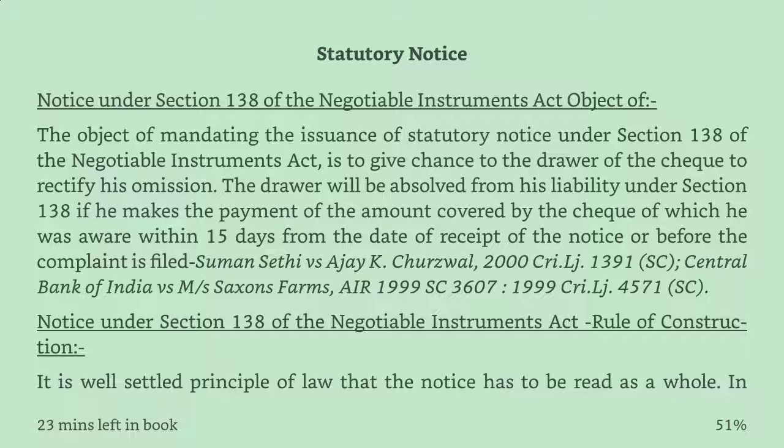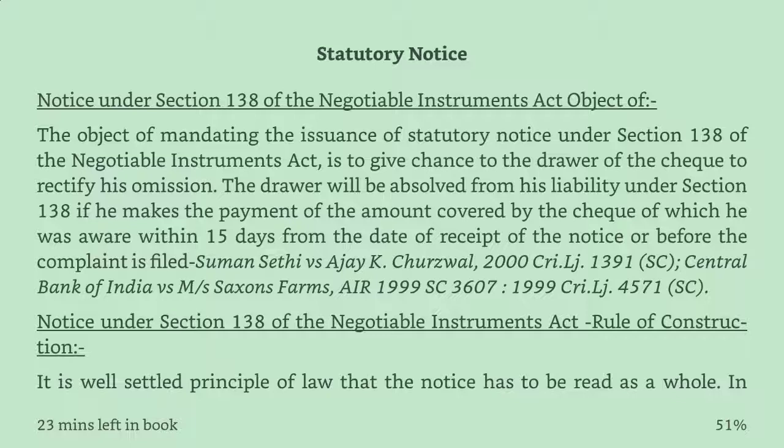Now, if a notice under section 138 is given and if the drawer of the check replies to the notice, either admitting or disputing the claim, but if the drawer of the check does not comply with the terms, as in if he does not pay the check amount within a period of 15 days from the receipt of the notice, then prosecution can be commenced.